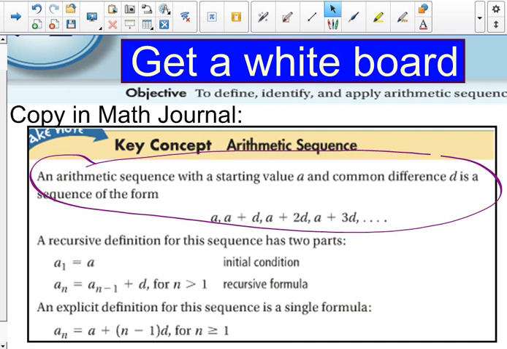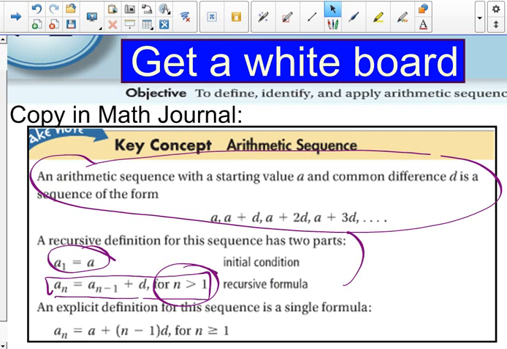All right. Now, what about a recursive definition for this sequence? And we know it has 2 parts, and I just talked about it, the initial condition and then the recursive formula. So here's the recursive formula for this. And notice that they qualify this, the n must be greater than 1. Well, when you're talking about the number of elements, a sub n, you're not going to have 0 elements.